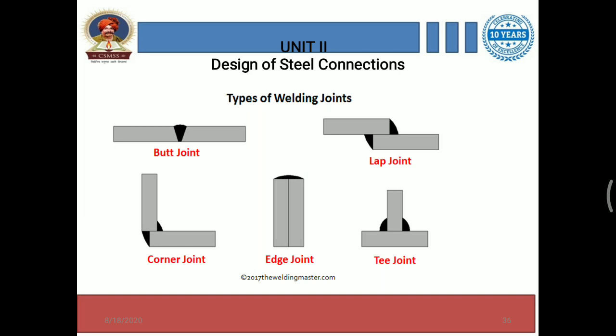Then lap joint, corner joint, edge joint, T-joint. These are some typical types of welding joints. These are some important points regarding welded connections, and these are some types of welding joints.